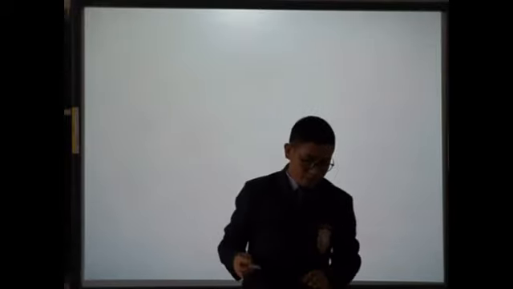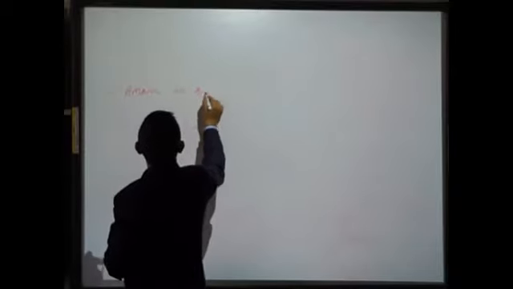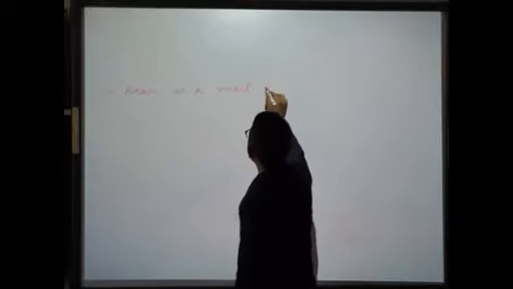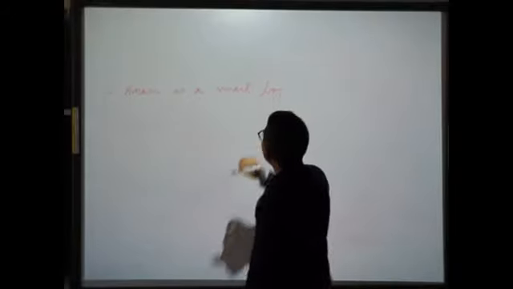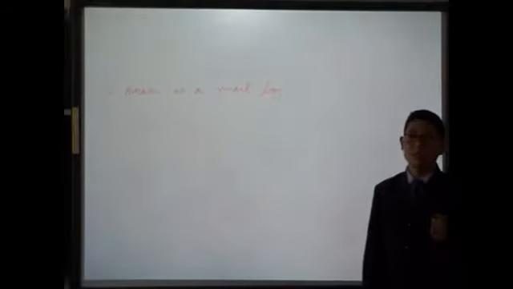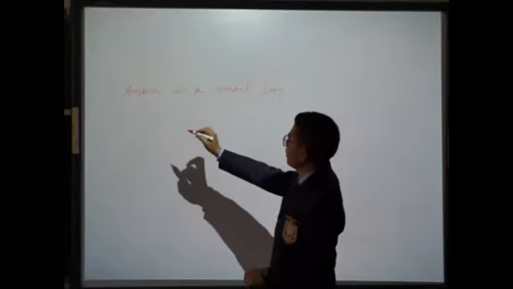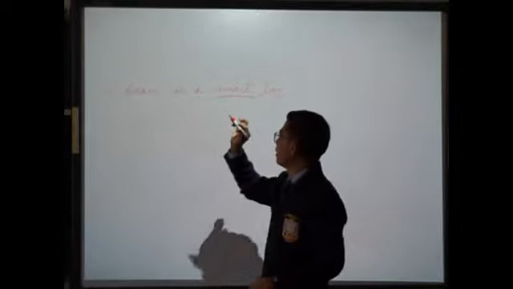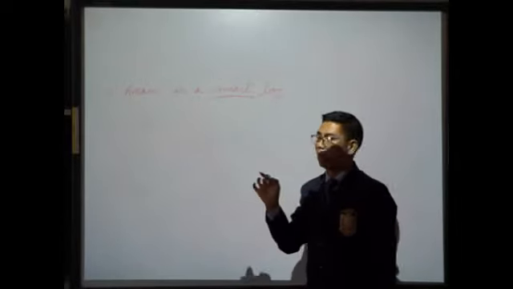I'll write one more example. For example, Aman is a smart boy. So here the word smart is a describing word.